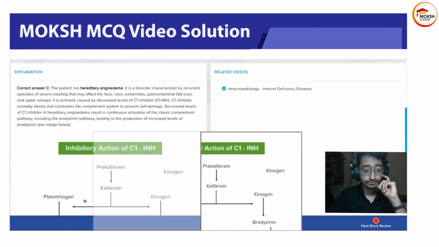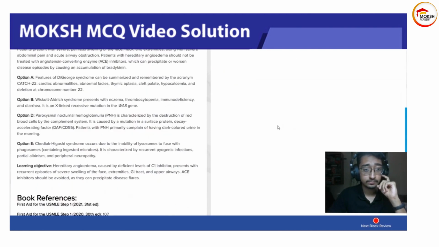Yeah, the CATCH 22 mnemonic. So none of the symptoms are present. So it's not George, right? There are no cardiac abnormalities, no abnormal facies, thymic aplasia, hypocalcemia. Yeah. Wiskott-Aldrich is also not there because eczema, thrombocytopenia, that is also not there.